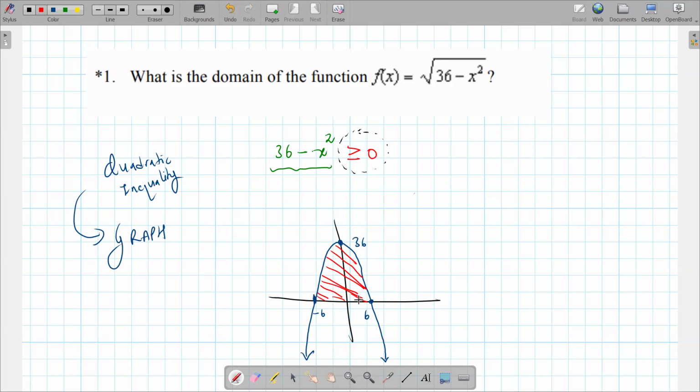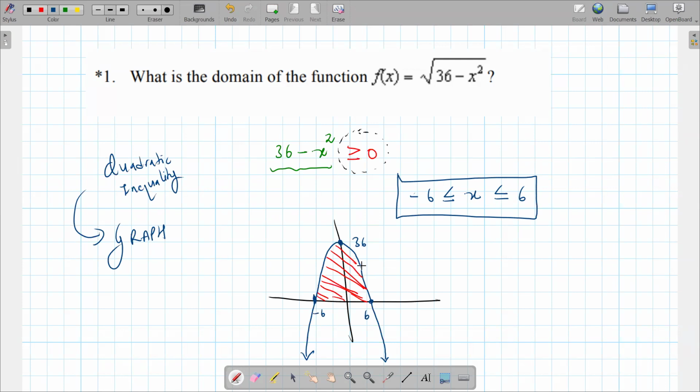So what's the answer? When is this function positive? Between which x values? Like -6 and 6. Exactly. So that's going to be the answer to this. The answer is going to be between -6 and 6, x. Cool.